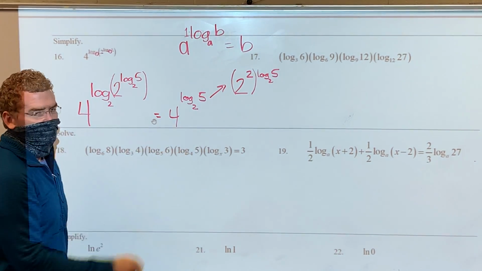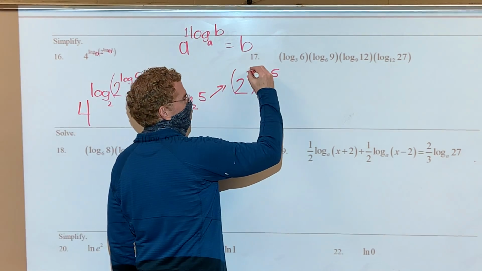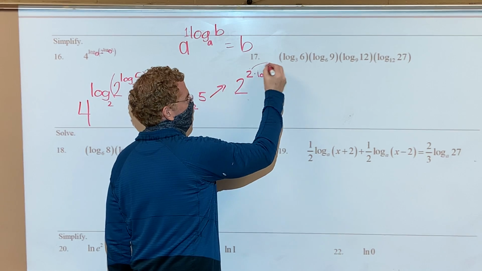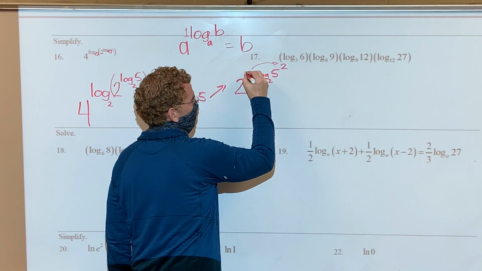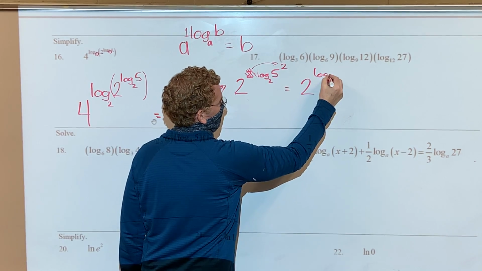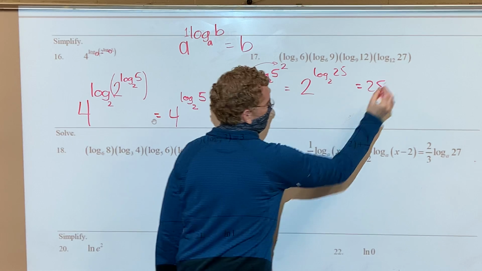And you don't have a 1 sitting out in front. So what would you have to do? I could swing that 2 out there because power to power is going to multiply anyway. So I could swing that 2 up. Now I have 2 log 2 of 25, which is 25.